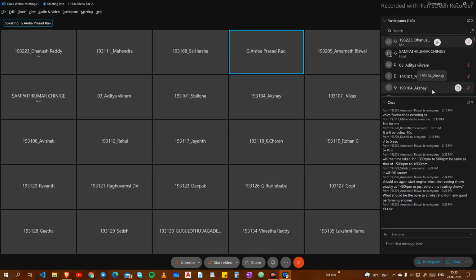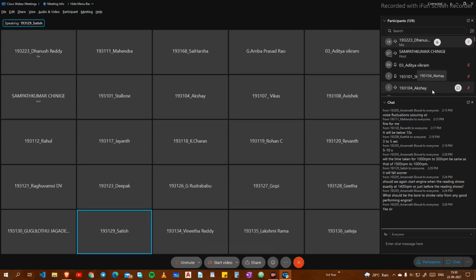So if you prefer a longer stroke, the engine speed will be reduced. So generally, diesel engines are slower speed engines compared to petrol engines. So all these parameters are interrelated. Like in diesel engines, we need a high compression ratio, so stroke should be higher.